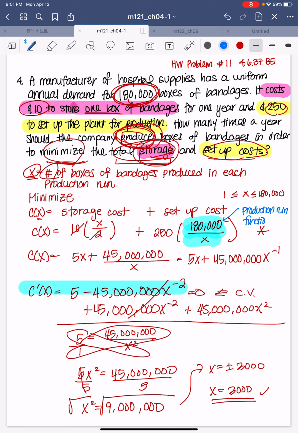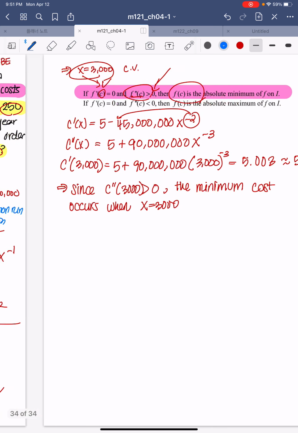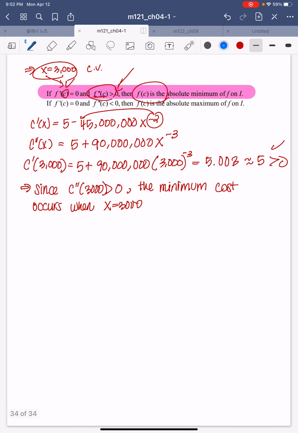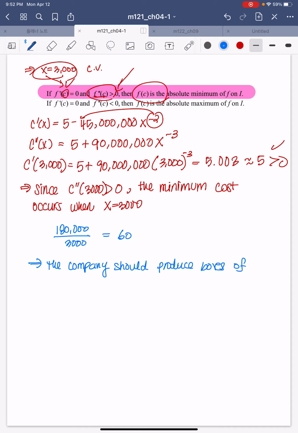So don't forget, when we set up the cost, we did this many boxes divided by x. So finally, we are going to have 180,000 divided by x, which is 3,000. We get 60. So our final answer will be the company should produce boxes of bandages.